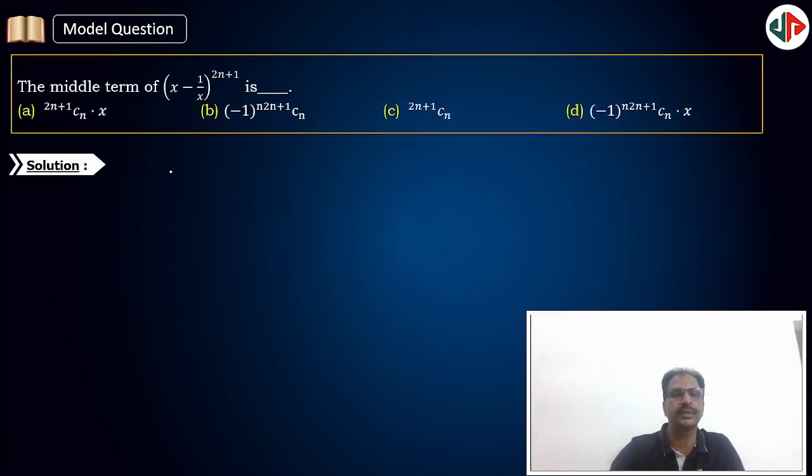Next, the middle term of the expansion (x minus 1 by x)^(2n+1). So the middle term depends upon the index. Here 2n plus 1 is odd.